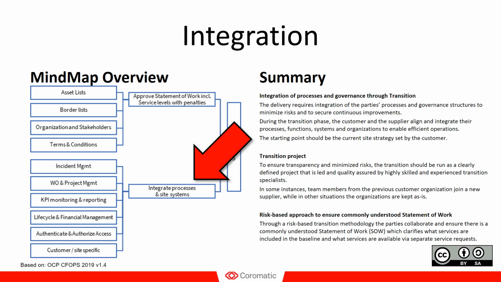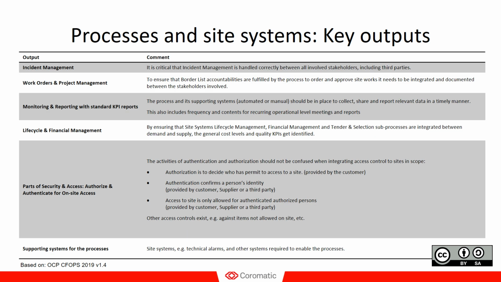So looking at this in detail, you have the incident management. This really needs to be handled correctly between all involved stakeholders. And this is definitely something where you need to sort out in line with the border lists for on-site works. Do you have different suppliers for different technologies, or do you have a main supplier for the technical installations?